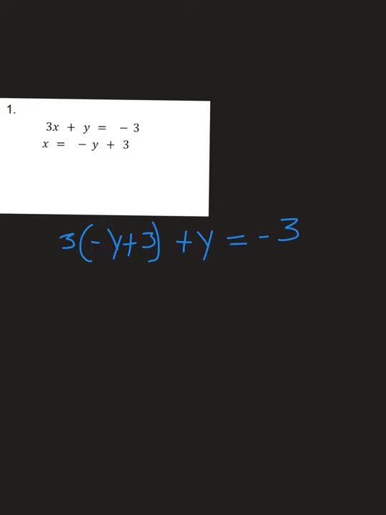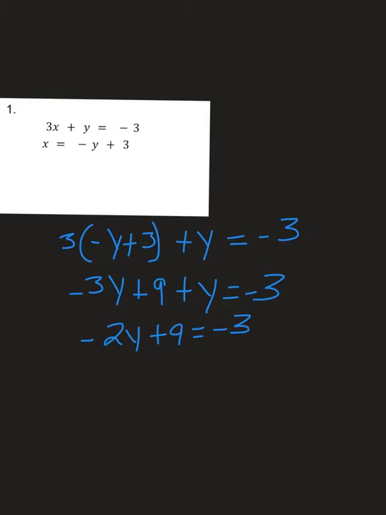Do we all see what we did here? All we did is we substituted in what we had for x in the second equation into x in the first equation. And what we're doing is we're finding y for both equations. So when we solve this, we're going to get negative 3y plus 9 plus y equals negative 3, or negative 2y plus 9 equals negative 3.